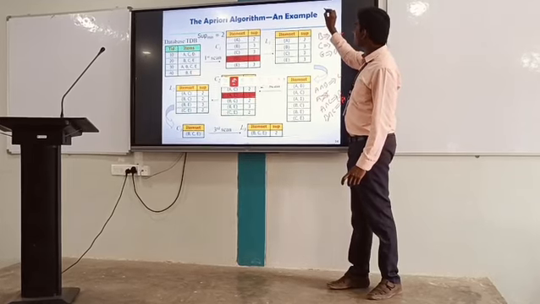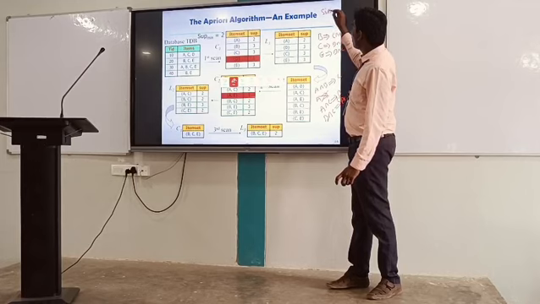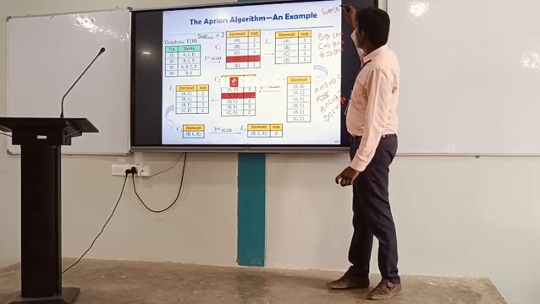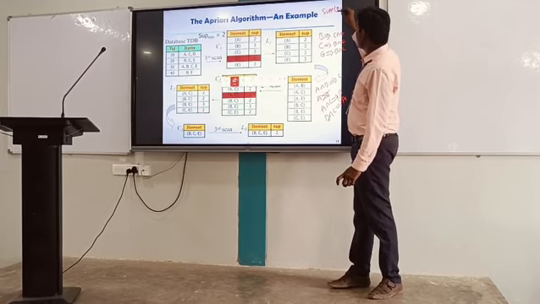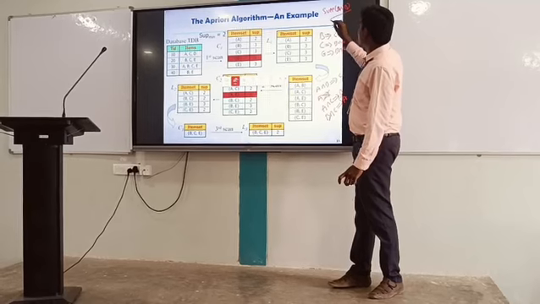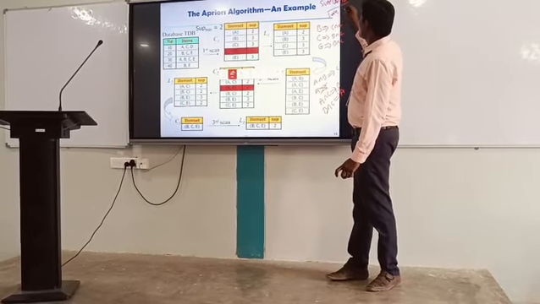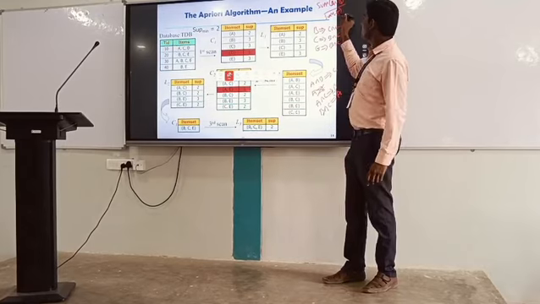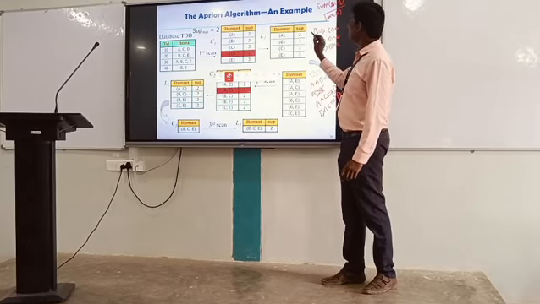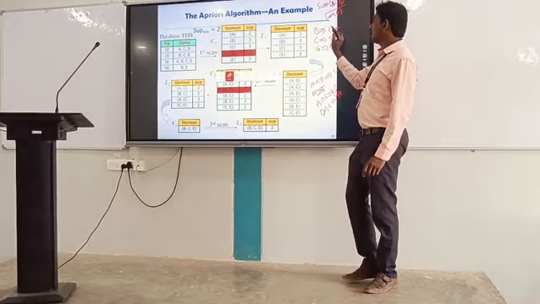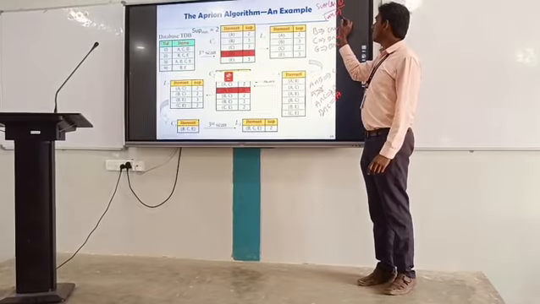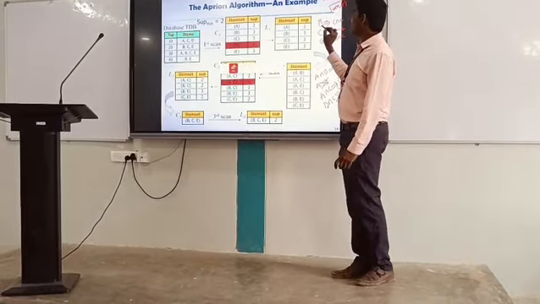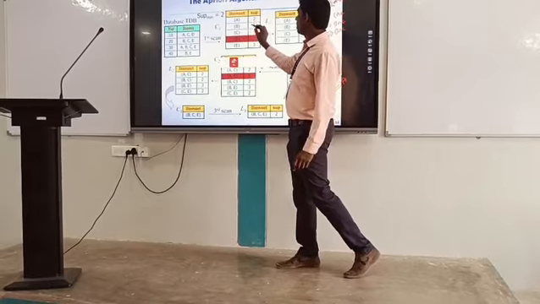So what is the formula for B implies CE here? Support of A union B by support of A. So what is the support of A here? The left side part is taken as the A part, the right side part as the B part. Here the left side has item B. The support of B is 3.